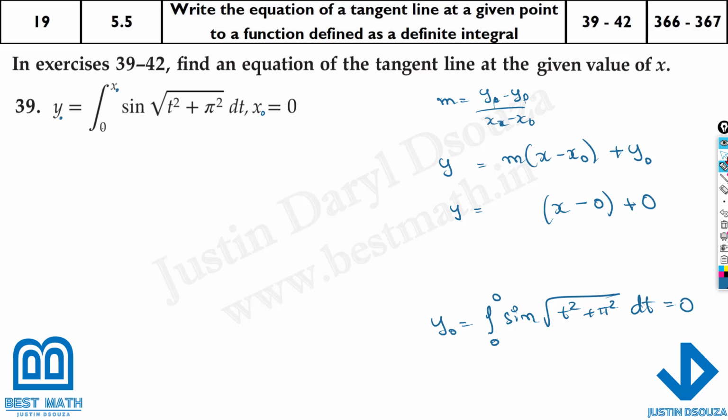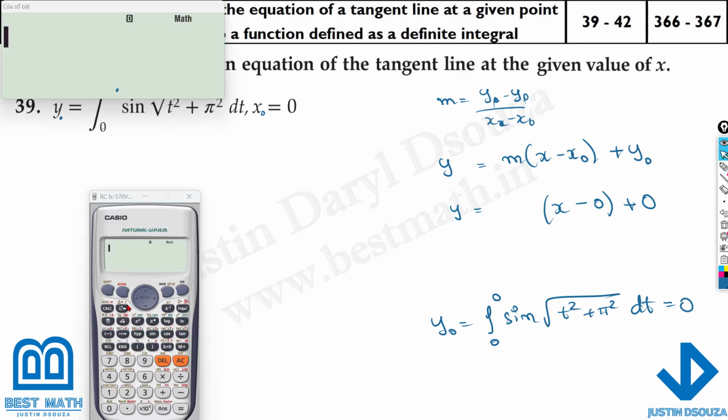I'll show you on the calculator as well. Here, let me take the integral symbol. Let me write any equation, just for argument's sake, x cubed plus 554x, just a random one, okay? Now here, let me start with 0 to 0. The answer is going to be 0. Why? Because when you apply the upper limit, there'll be 0 squared and so on, minus 0.